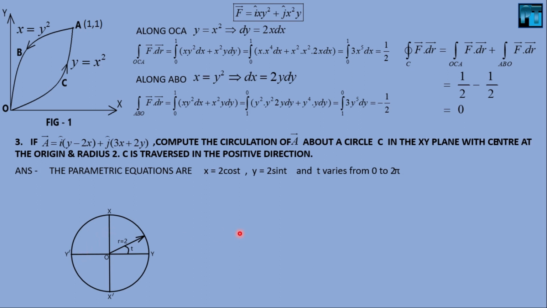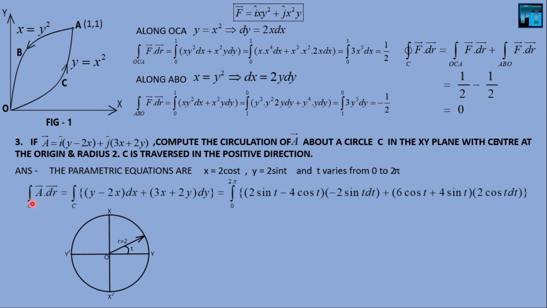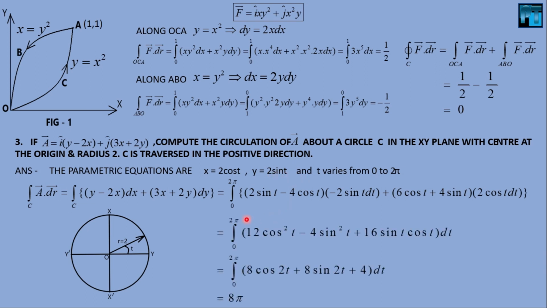Okay. Now we are just putting all the parametric forms here. y equal to 2 sin t and x equal to 2 cos t, dx equal to minus 2 sin t dt, dy equal to 2 cos t dt, and the rest is very simple, like our first problem. This is a very simple problem.